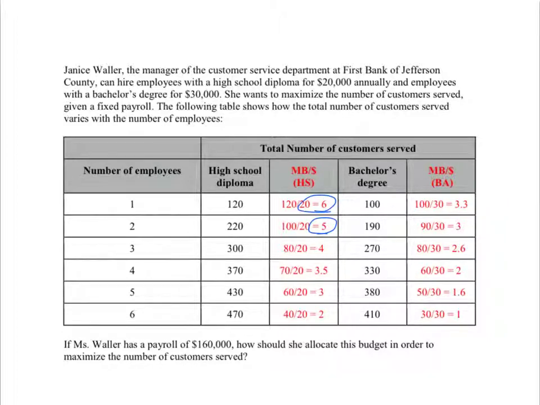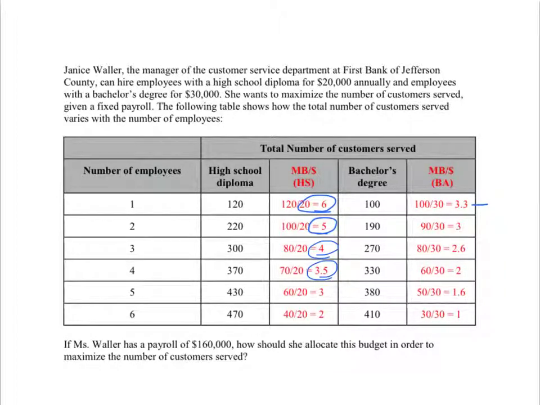Notice that we're not going to hire that first bachelor's degree employee yet. 5, let me mark this, 5 is greater than 3.3. So next on our hiring list would be the third high school diploma worker. 4, again, is greater than 3.3. Our fourth hire, again, would be another high school diploma employee.